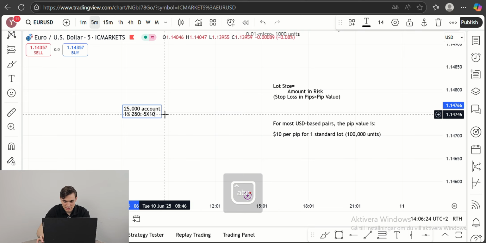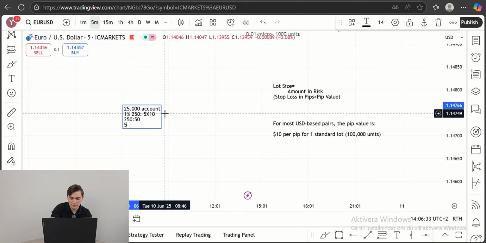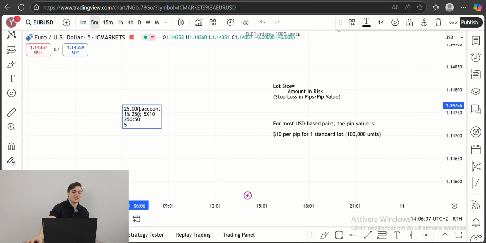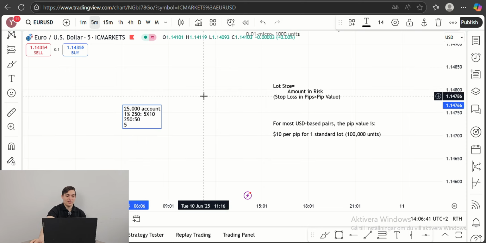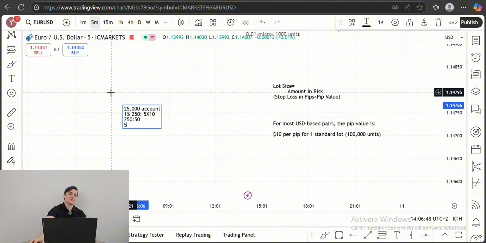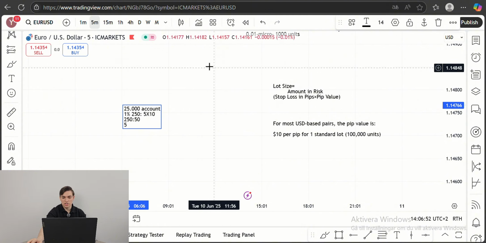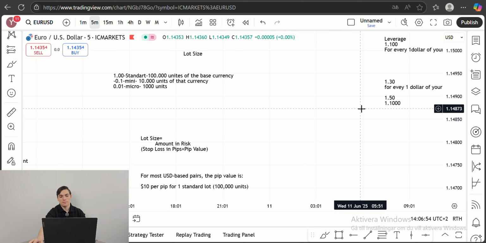This is equal to 250 divided by 50, which is equal to 5. So we would have to use a lot size of 5, so 5 standard lots in this case, if we were going to risk 250, so 1%. I know this is complicated, just use this formula if you're trading with USD.